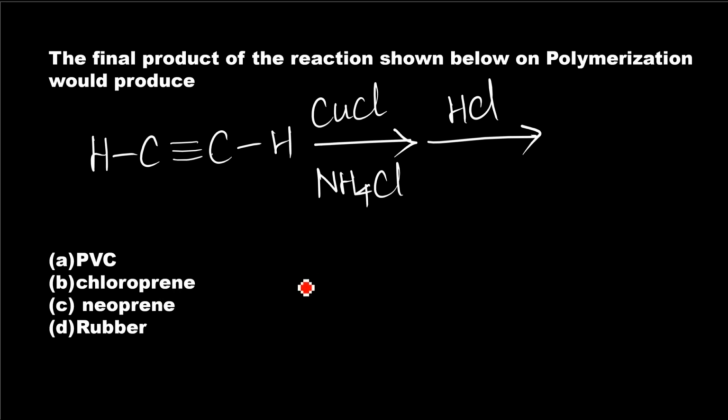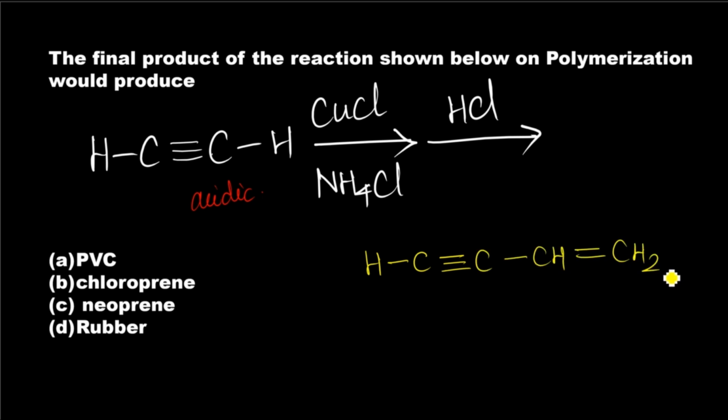Let's check and see what we have. CuCl with ammonium chloride. You know that the metal will obviously react with this kind of acidic substance. It will form Cu acetylide first, and after that it will give you the triple bond C, CH, double bond CH2, isn't it?